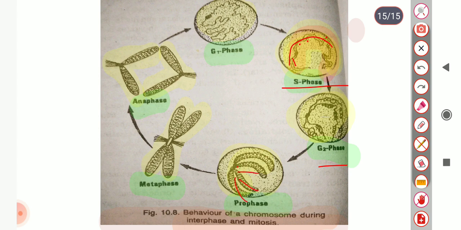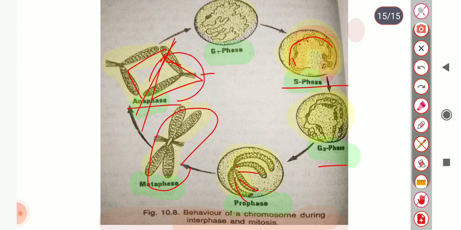In metaphase, the chromosomes are arranged in the metaphase plate of the cell. In anaphase, the chromosomes split into daughter chromosomes. Then cytokinesis occurs, where the daughter cells are formed, and then the G1 phase and S phase start again. This cycle is repeated whenever division is required.